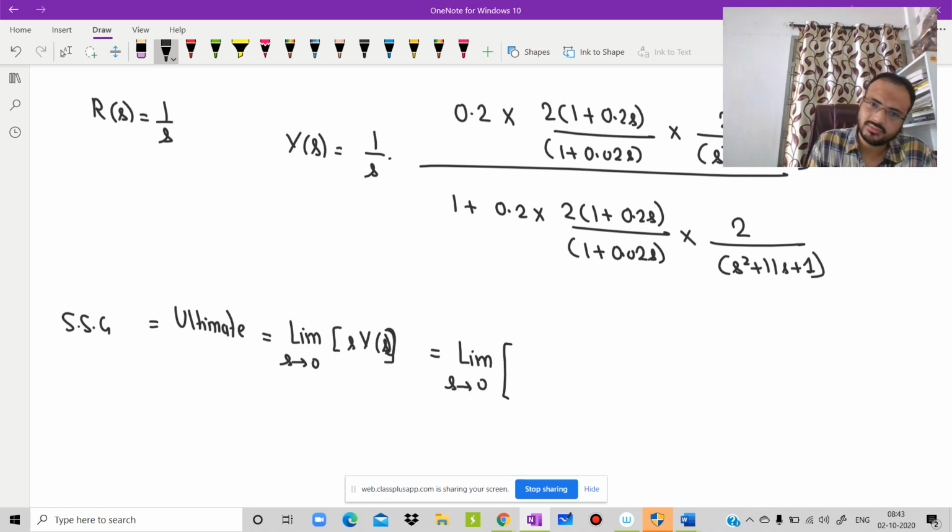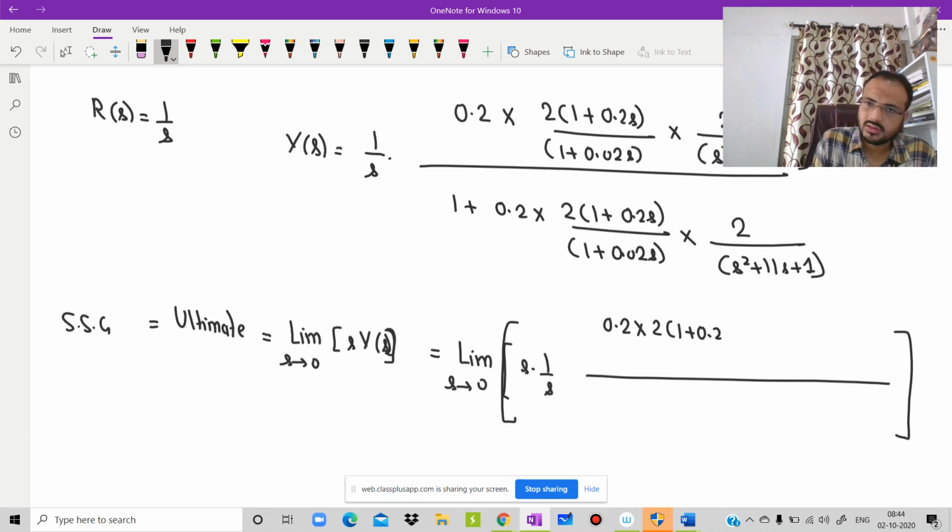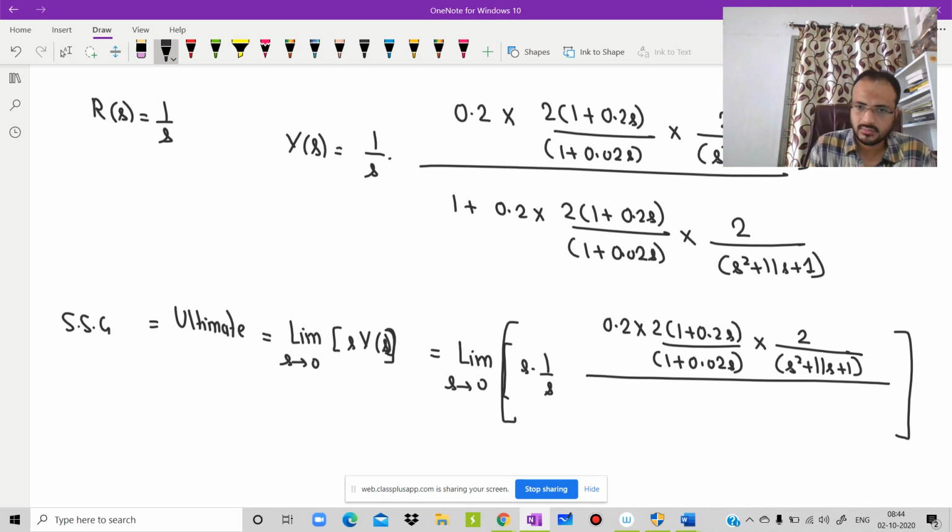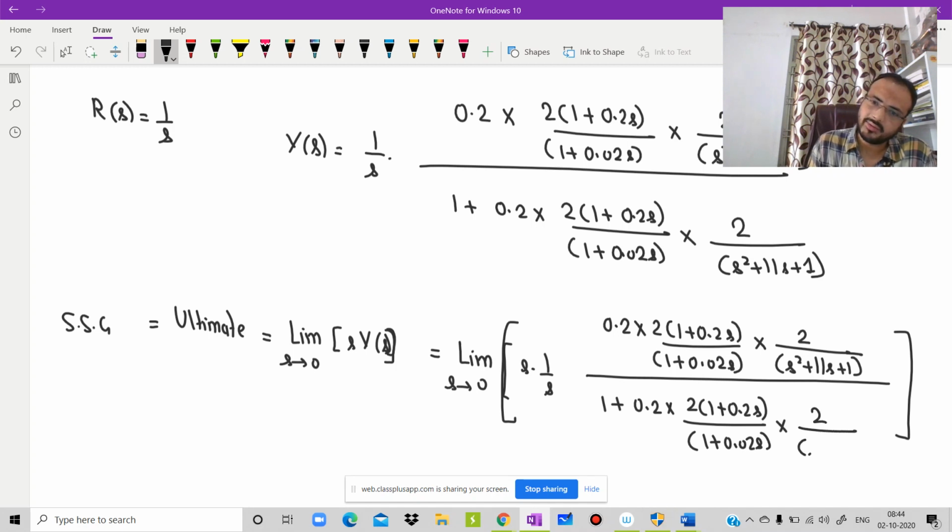Limit of s tends to 0, s into 1 by s, 0.2 into 2 into 1 plus 0.2s divided by 1 plus 0.02s into 2 divided by s square plus 11s plus 1.